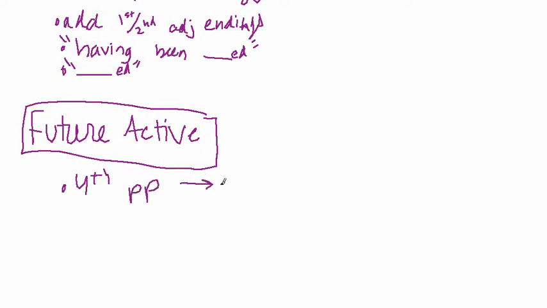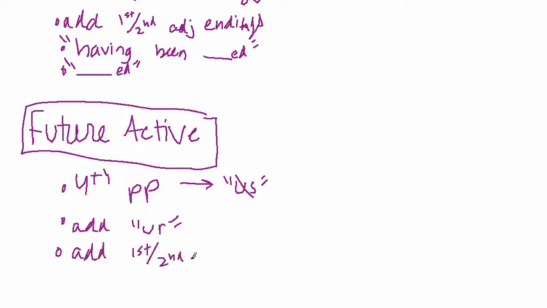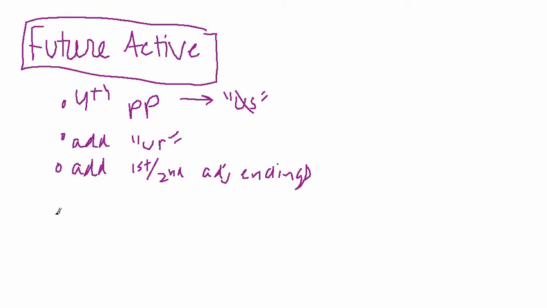You're going to cross off the us, and this time, instead of just adding on your endings, you're going to add the ur infix, and then you're going to add on your first and second declension adjective endings. And this is going to be translated as about to blank and going to blank.